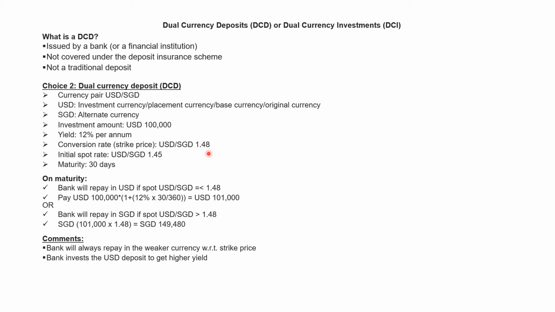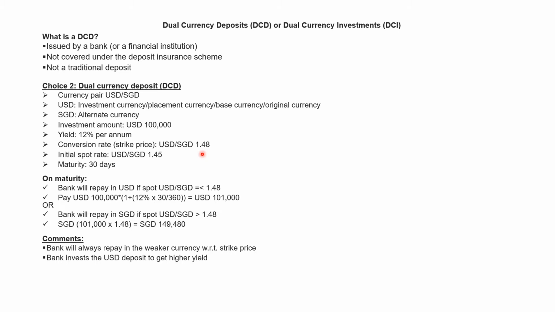You can choose the investment currency and the alternate currency. Each DCD issuer will give you some choice. Let's say that you choose Singapore dollars, SGD, as the alternate currency and the current spot price of USD SGD is 1.45 and the conversion rate is fixed at 1.48.